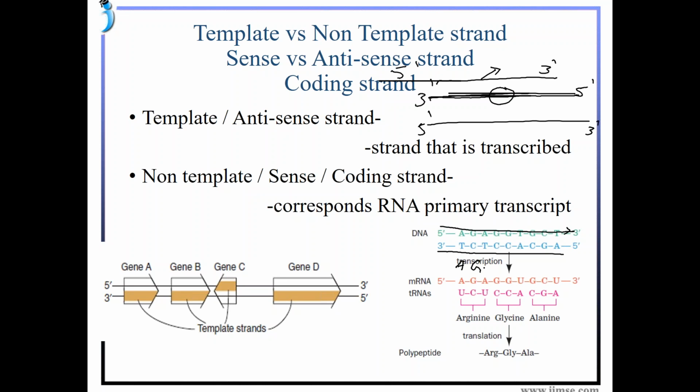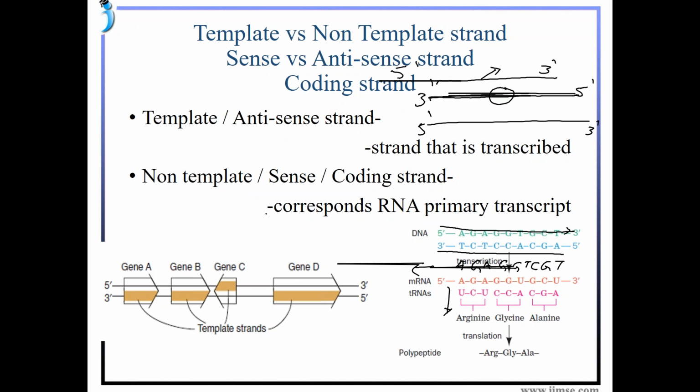A, G, G, T, C, G, and T. This is your opposite strand. If you compare this opposite strand and your mRNA, they are almost similar except for U and T, where T is replaced by U. So it resembles the coding strand which codes for protein.